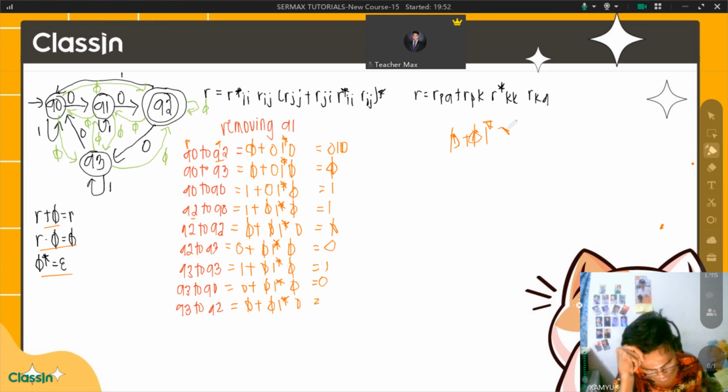So 0 and 1 clean star is 1 star, then this one clean star with the 1 star. No, null with the 1 star is null. Null with 0 is null. Null with null is null.